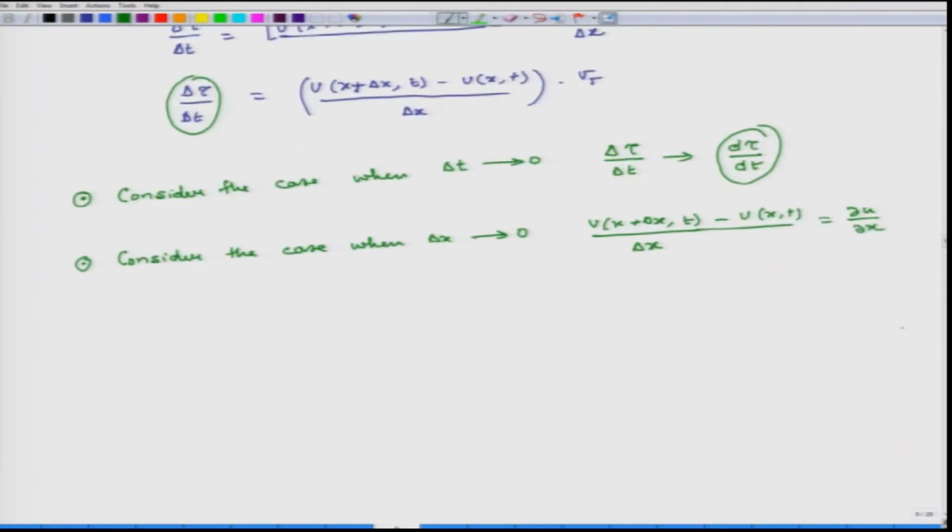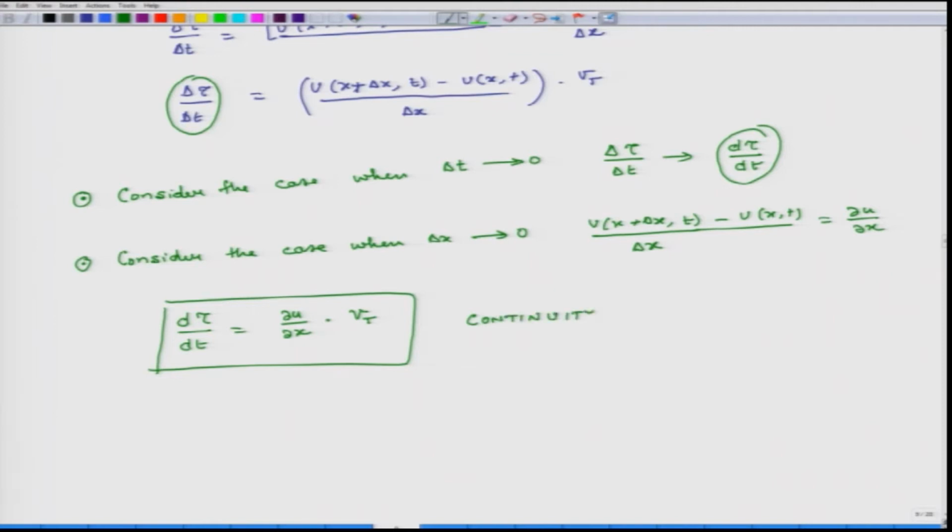So, my equation becomes d tau over dt equals del u over del x times V. Okay. So, this is the continuity equation.